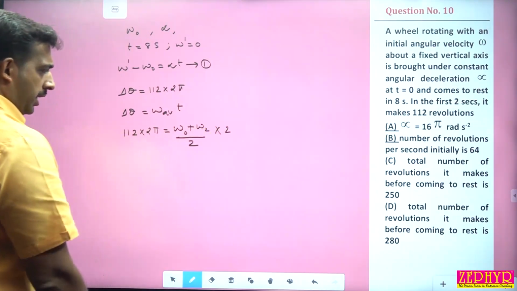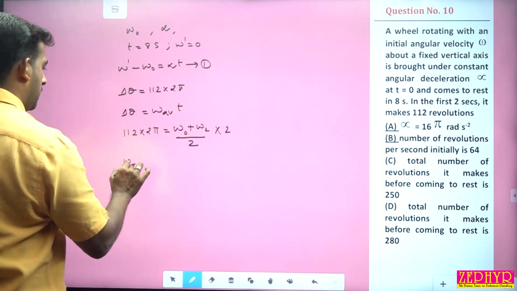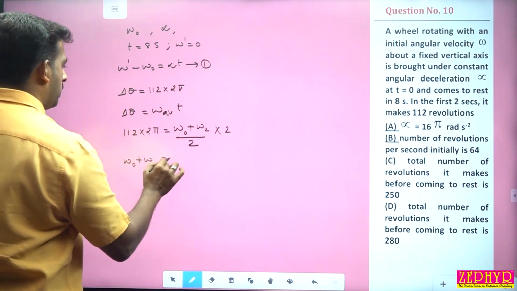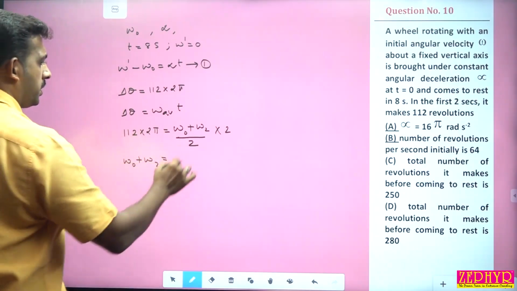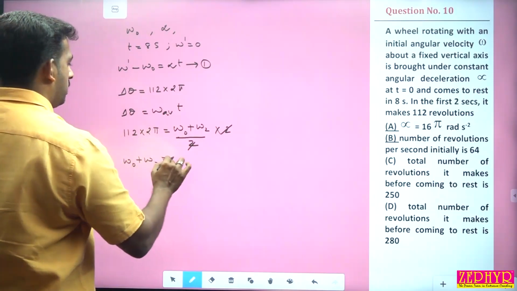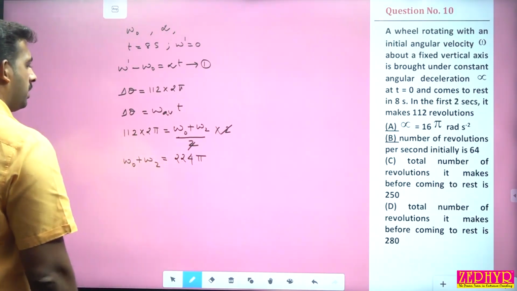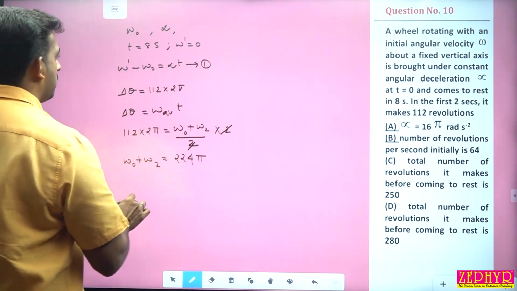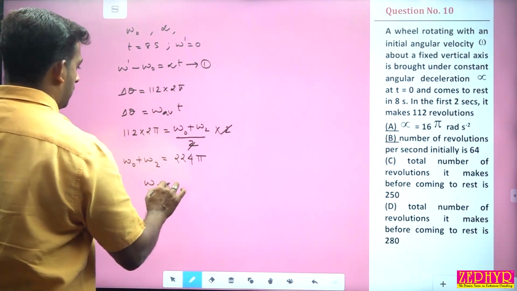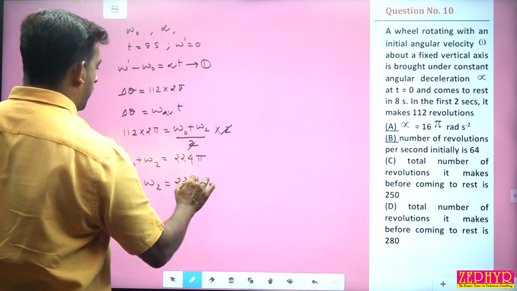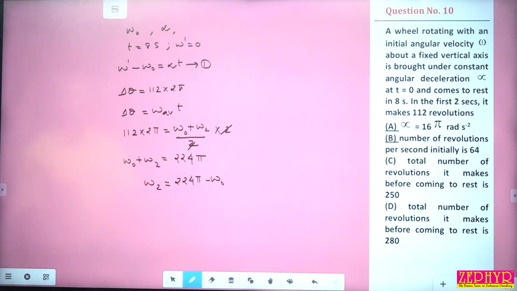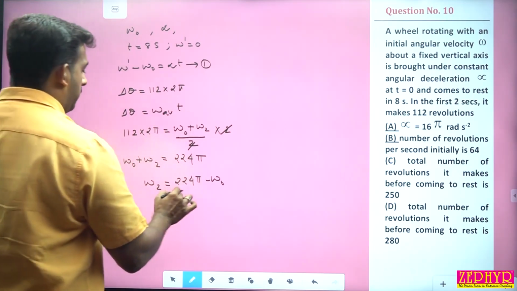It is for 2 seconds, correct? So we'll be getting omega naught plus omega 2 is equal to, 2 is getting cancelled, 224 pi. Therefore omega 2 is equal to 224 pi minus omega naught. Is it clear? So this is the value for omega 2.